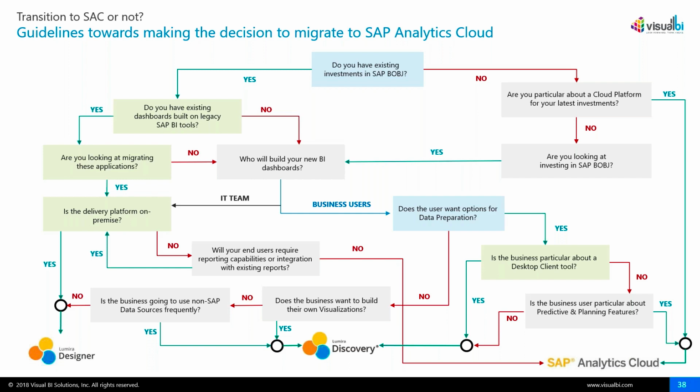You're looking at migrating to the cloud, or you're looking at building new applications on premise, where your data sources lie, and what your end users' requirements are. So there are quite a few options for you to consider, and this particular slide is updated frequently. Again, we will share more updates of it, so watch out on the Visual BI space for this. But I will be sharing this slide with all of you, so you can take a closer look at it then as well.